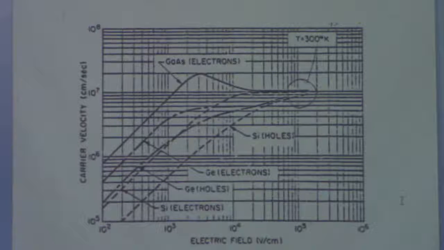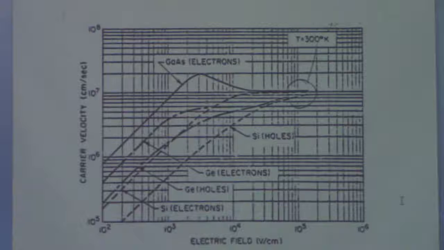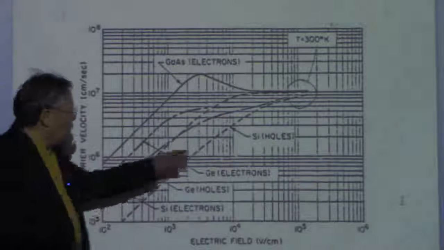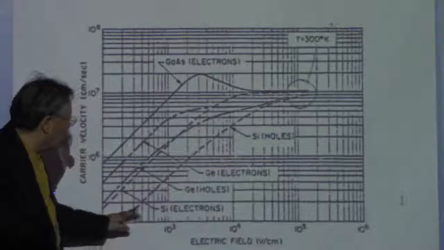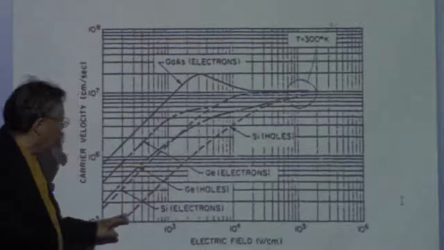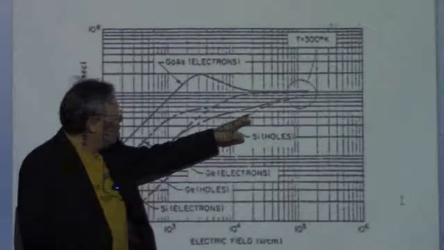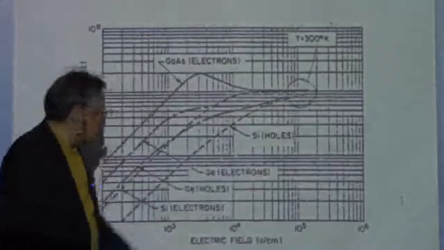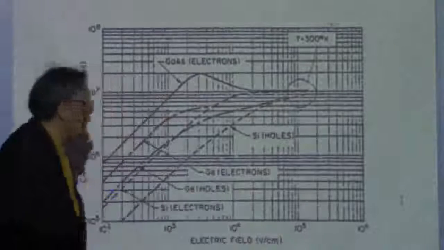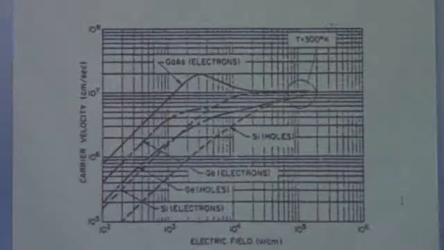The thing we have to notice in this plot is that, for example, if you go for the silicon, for the holes the mobility is going to change from here, and then the velocity ends up saturating at some high electric field right there, right?